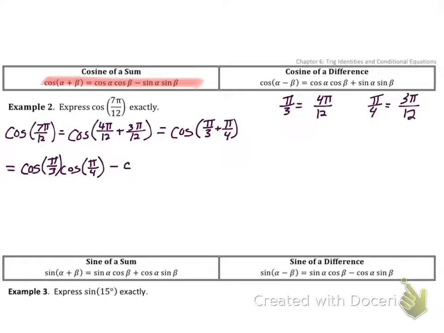Subtraction, and sine of pi over 3 times the sine of pi over 4. So this one's a little tricky to memorize just because it's the wrong sign, realistically. Because we're thinking, I'm using a sum, I should have sum in here, but it actually has difference on the other side. Now I just take out my unit circle, and I'll have my answer.